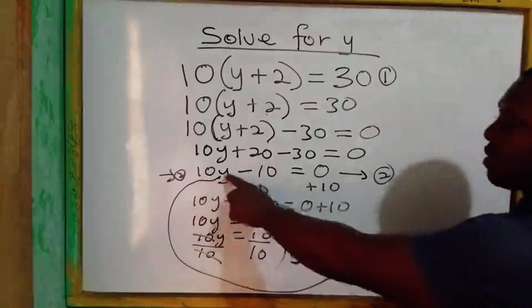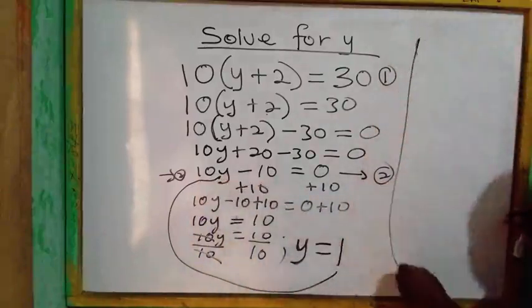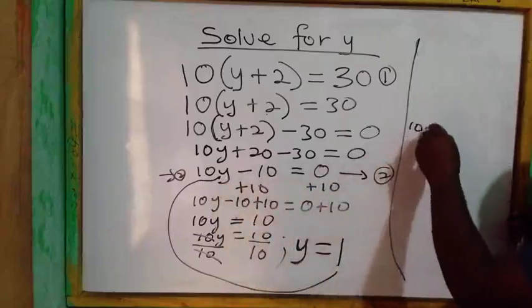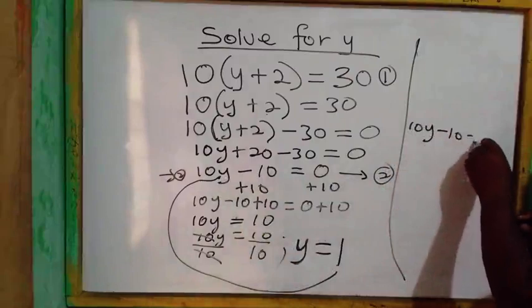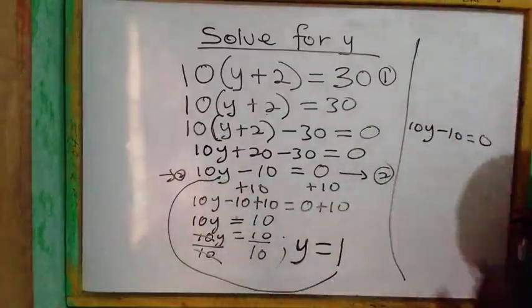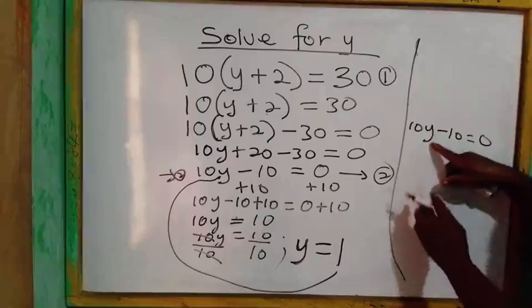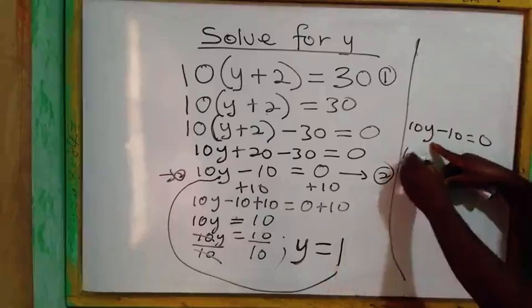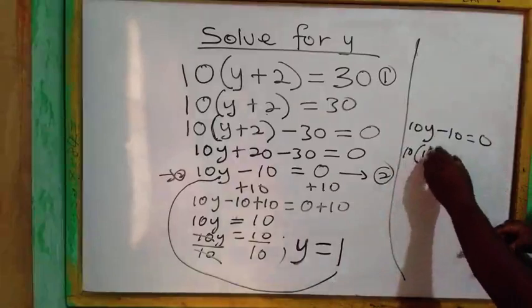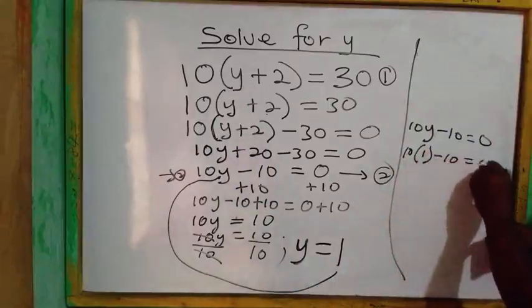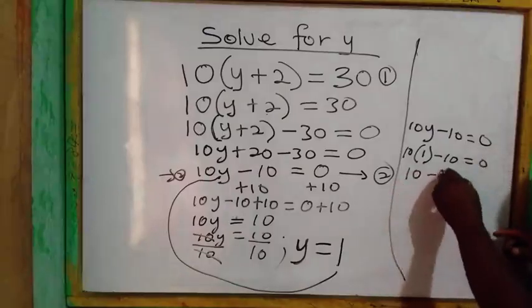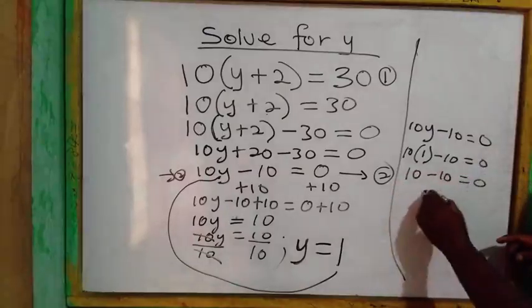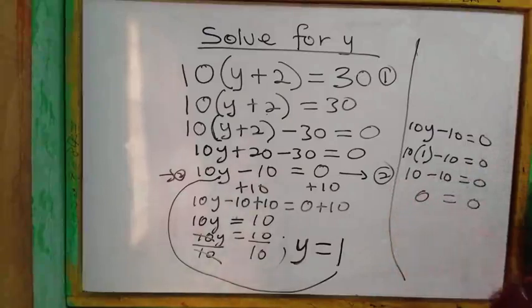So we have 10y minus 10 equal to 0. That is equation 2. Here y is 1. So 10 into bracket y minus 10 equal to 0. Now 10 times 1 equal to what? 10 minus 10 equal to 0. At the end we have 0 equal to 0.